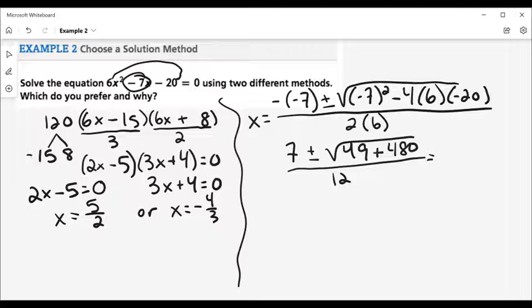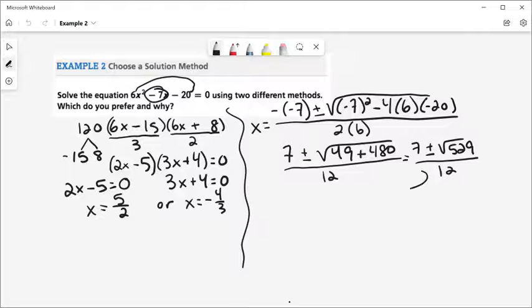And then 49 plus 480 is 529. Which is a perfect square. The square root of 529 is, so 7 plus or minus 23 over 12.